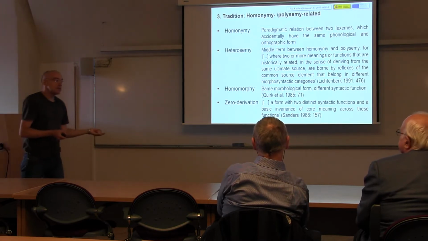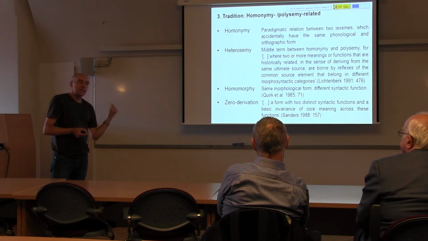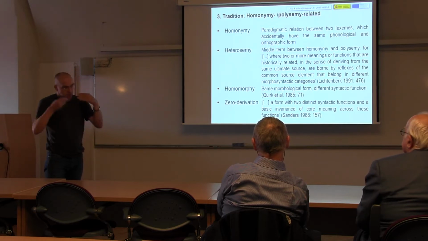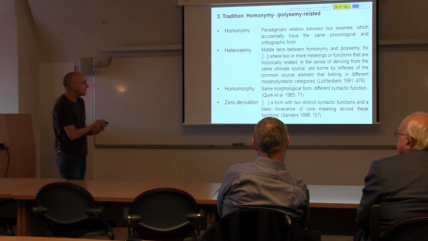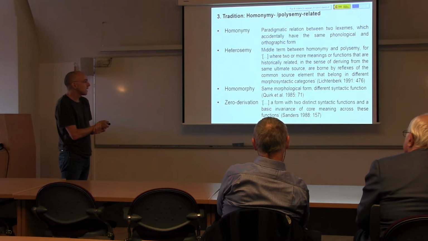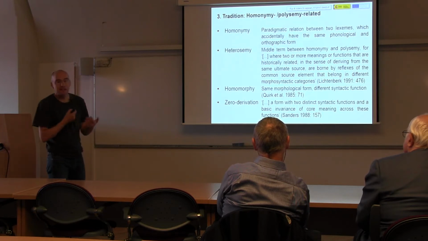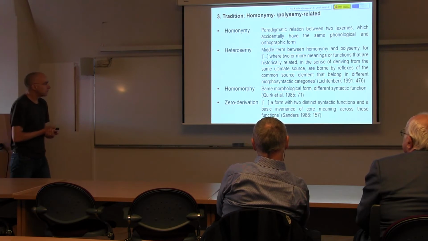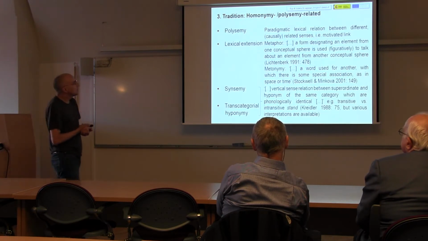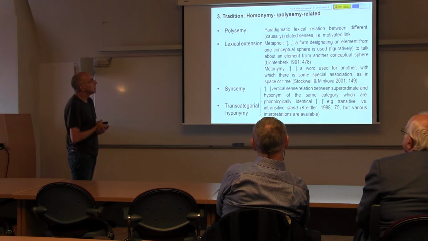Zero derivation, but viewed as a relation, not as a process. There is the process, zero derivation, or zero affixation. In this classic paper by Sanders, Sanders uses zero derivation as a term for the relation between these words. And then paradigmatic relations, where the focus is on the semantic contrast.